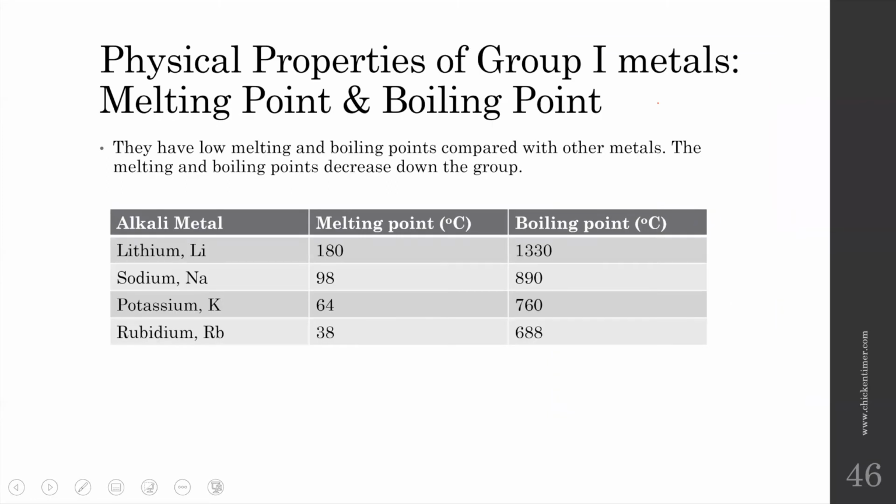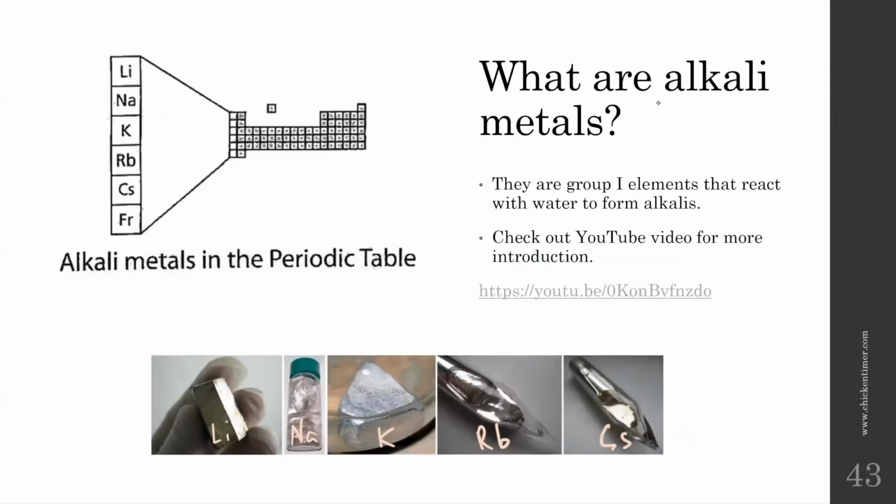Then you have melting and boiling point. Those metals are relatively soft, and you can go back, you see this is almost like liquid form, the last two here. There's still a piece down here, but it doesn't look as solid as the rest.